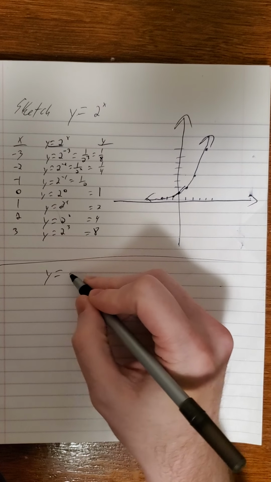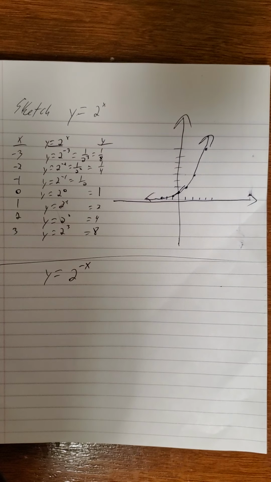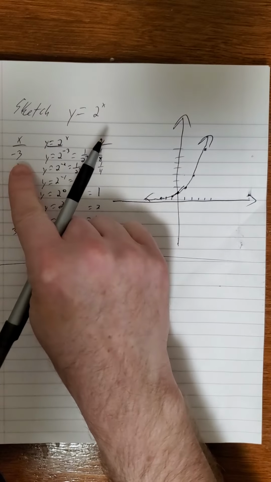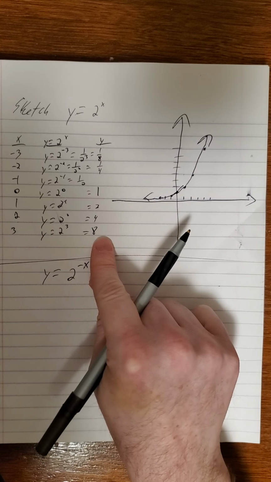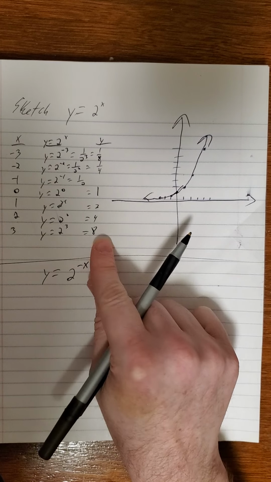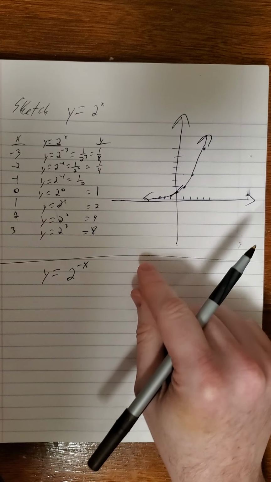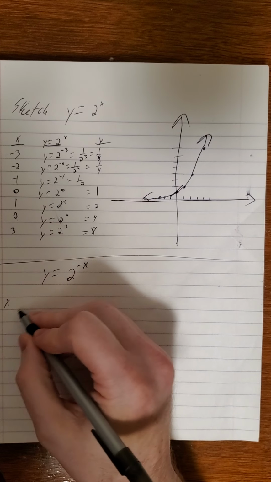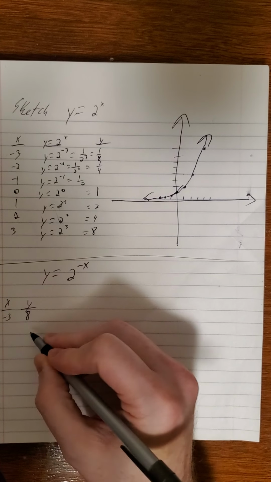So think of what would change if we had 2 to the opposite of x. Well, what happened at -3 is now what happens at +3, and vice versa. What happened at +2 now happens at -2, and so on. So our table we can make pretty quickly without really much need for heavy-duty calculations.